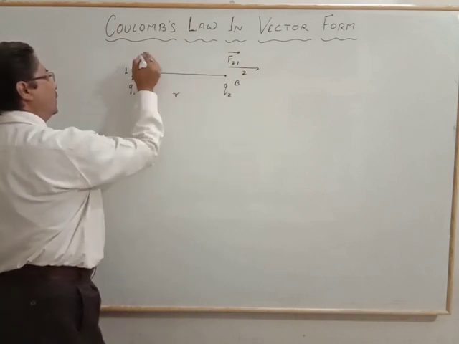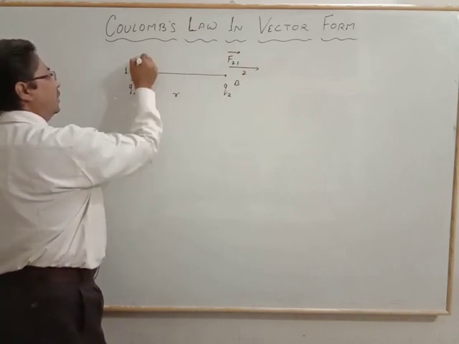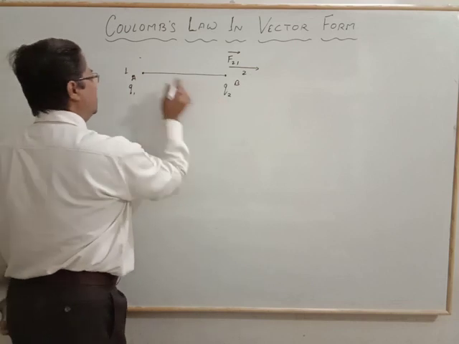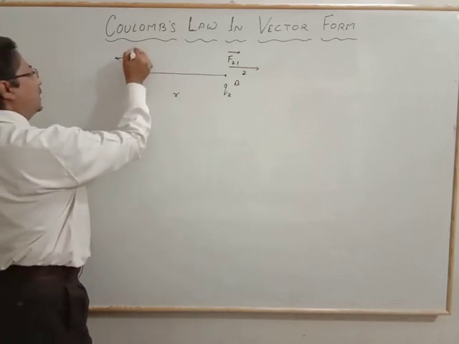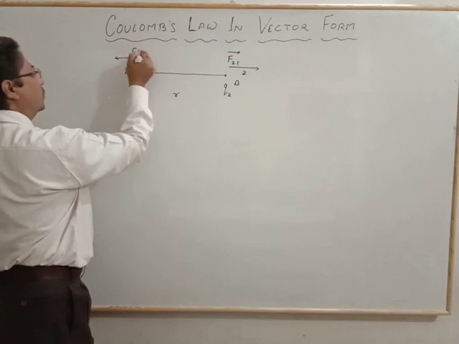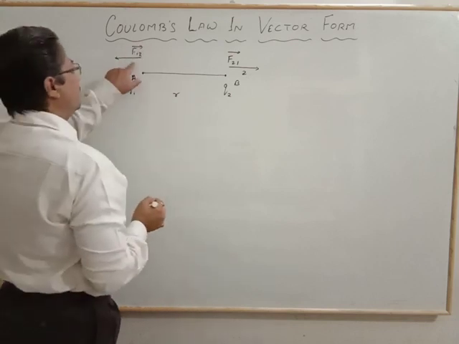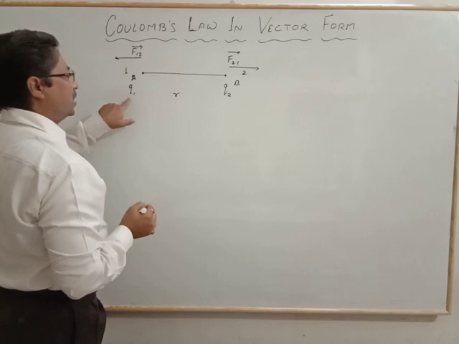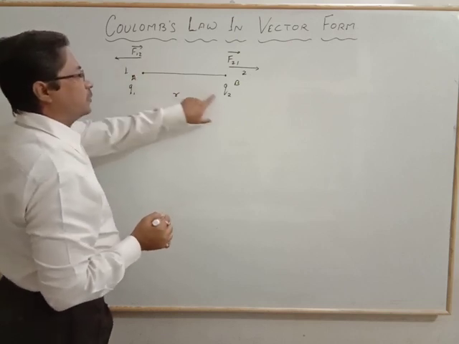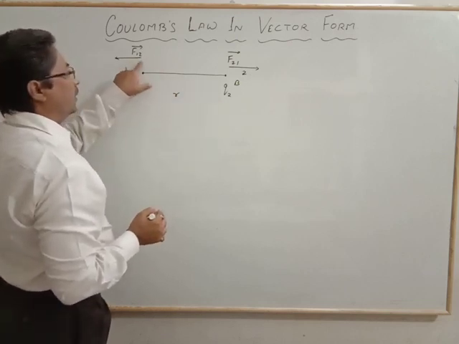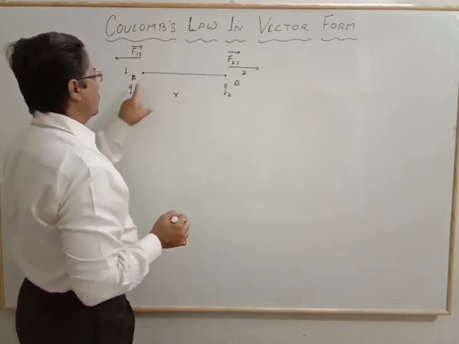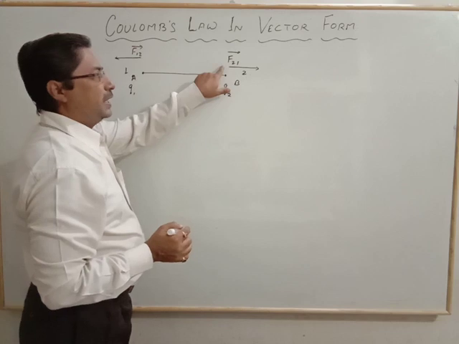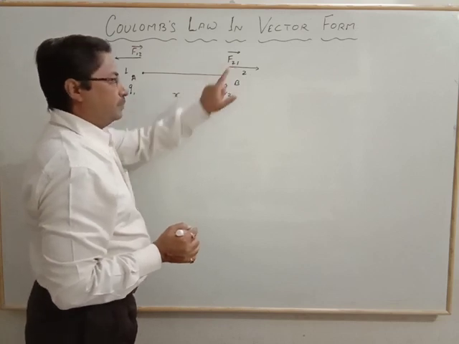and the force on Q1, if it is a like charge, in that case the force direction is again outward, and that force is F12. That means the force experienced by charged particle 1 due to charged particle 2 is F12, and the force experienced by charged particle 2 due to charged particle 1 is F21.